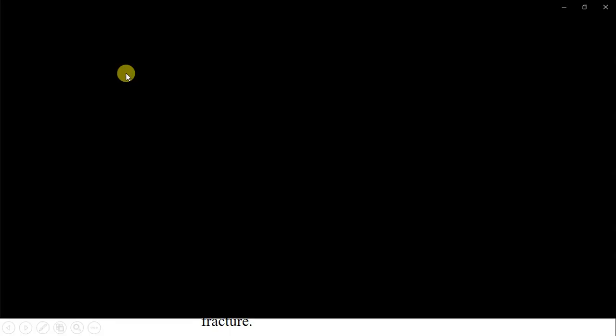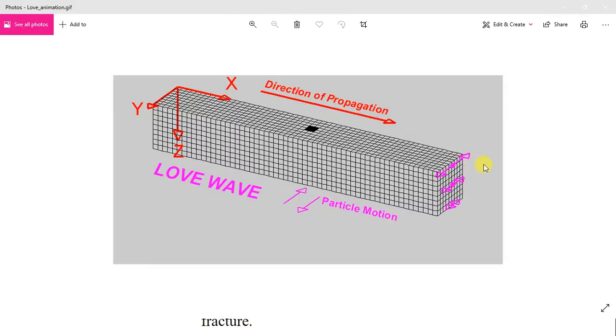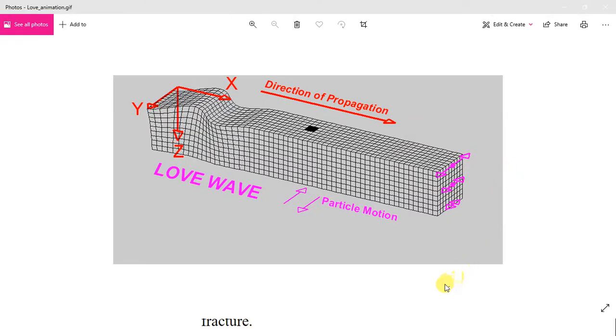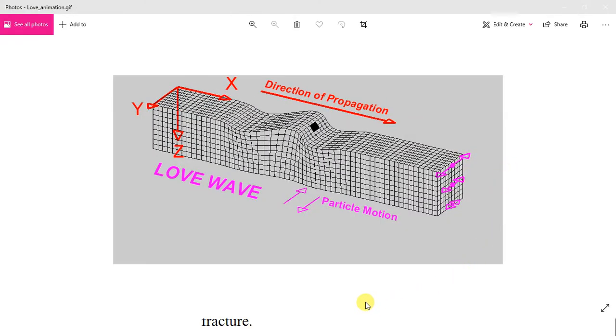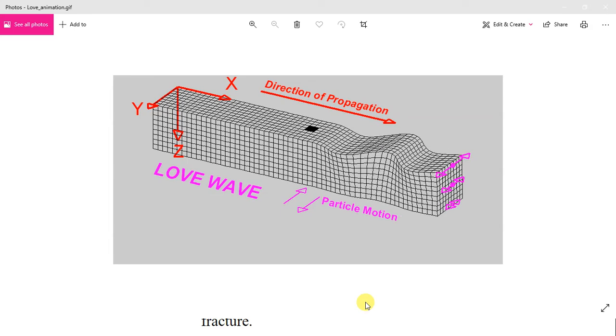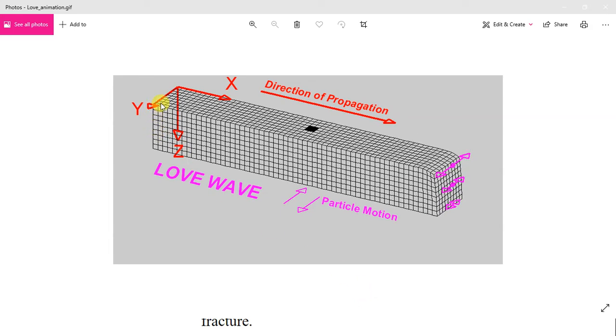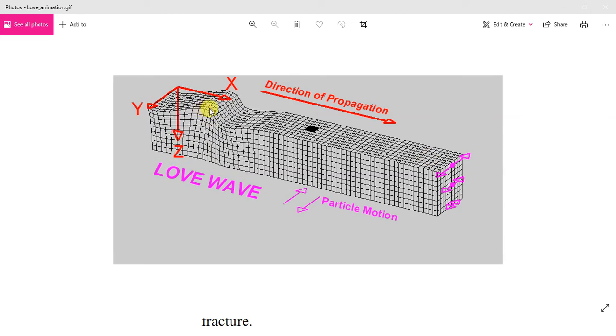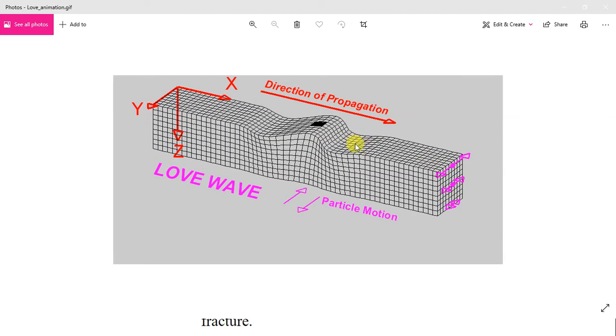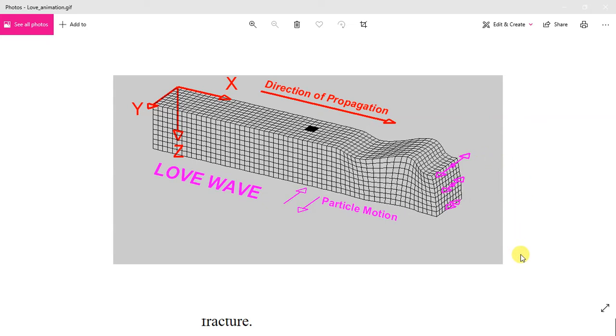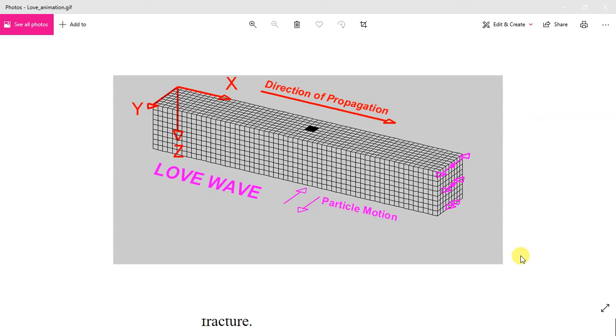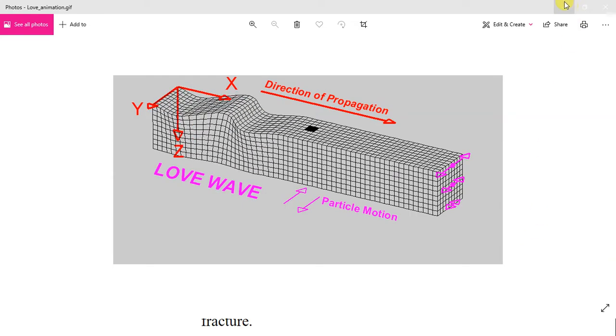Here I will show you one animation of one of the waves of earthquake. Here the movement of earth surface is wave-like. This is the earth surface, and the movement of this earth surface is taking place similar to a wave of water. So this wave-like motion is called earthquake.